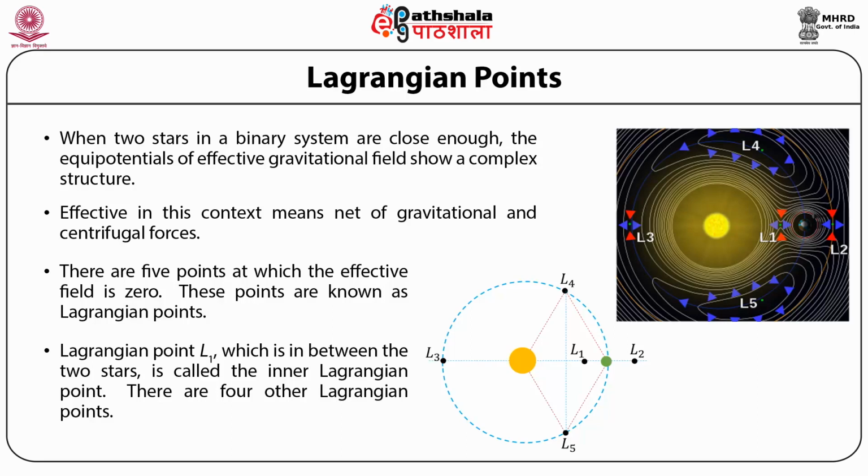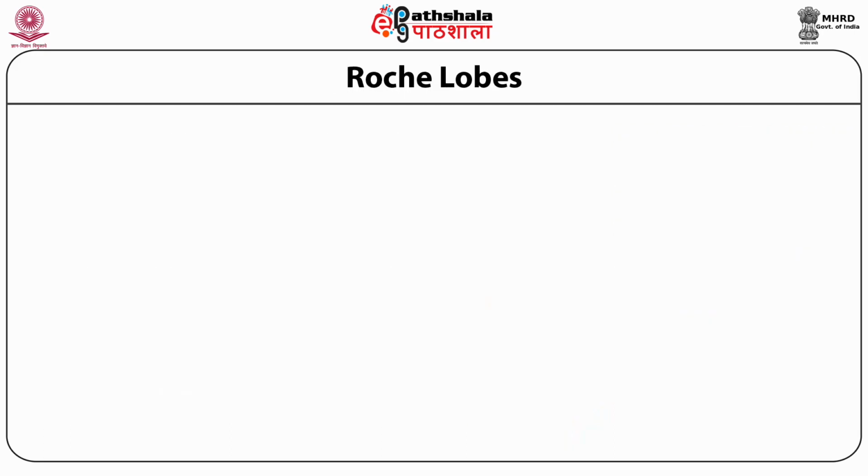A particle placed at the point L1 has no force acting on it, so it is in equilibrium. However, the equilibrium is unstable, because a slight push to the left or to the right can make the particle move either way, and it cannot recover its original position.